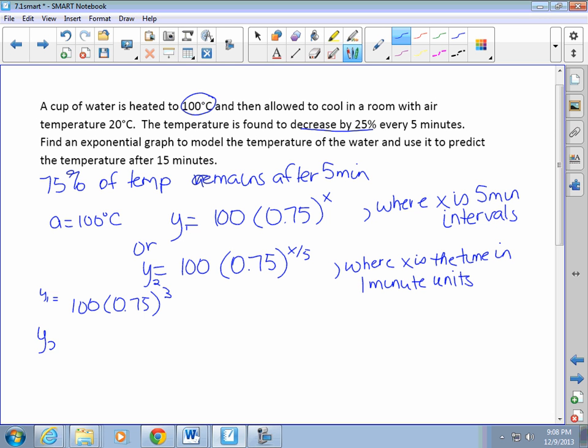Or if I did the other way, y2 is equal to 100 times 0.75 to the 15 divided by 5, so it's still 3. It's still the same thing. So when you put this into your calculator, what is the temperature after 15 minutes? It would be down to 42.2 degrees Celsius.